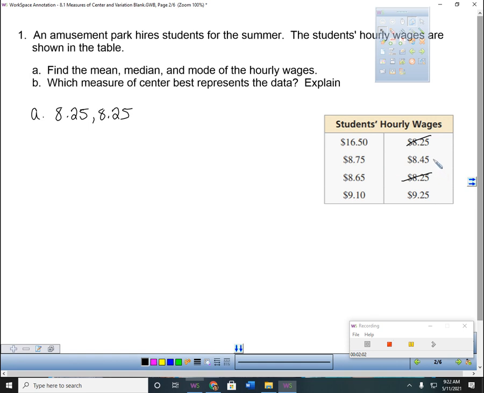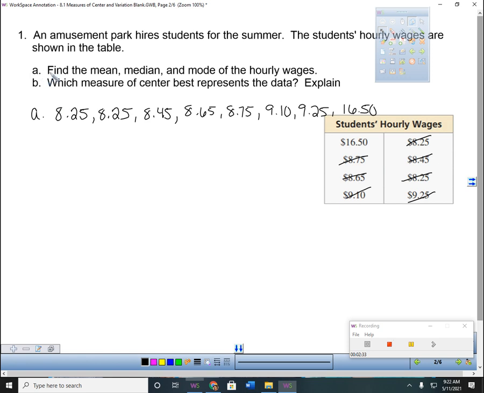All right, our next value is $8.45. $8.65. $8.75. $9.10. $9.25. And $16.50. So I've put them in order from least to greatest.